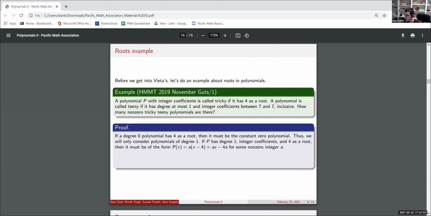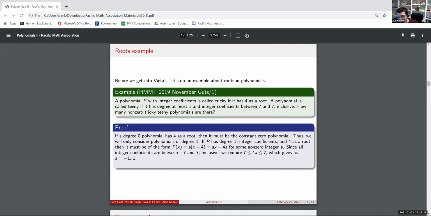So what this means is that we can only talk about polynomials of degree 1. If p has degree 1 and has 4 as a root, then we have to have it in the form a times (x minus 4) for some integer a, non-zero, since we have a non-zero polynomial.